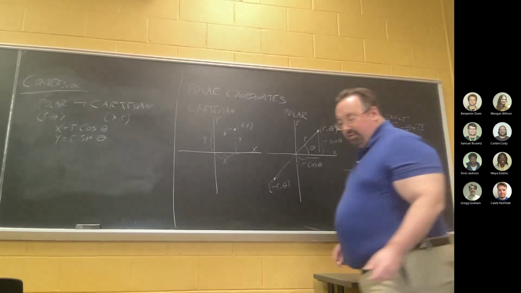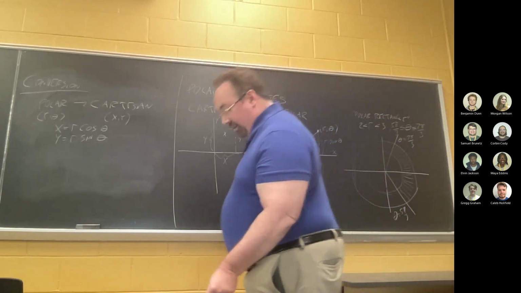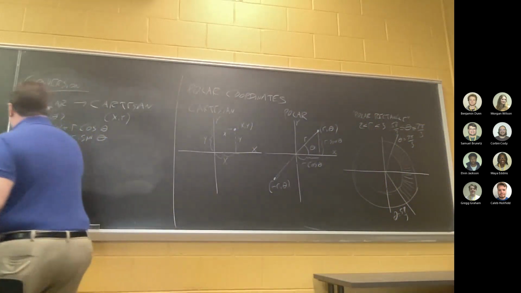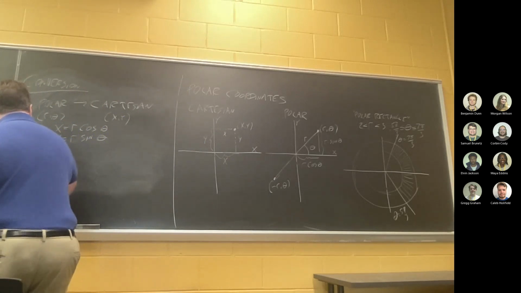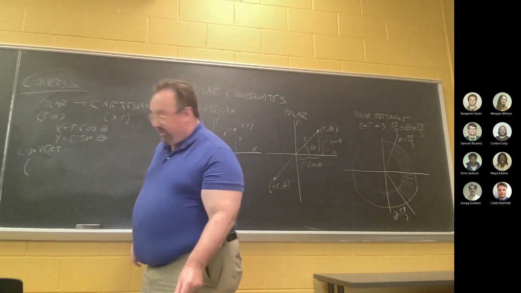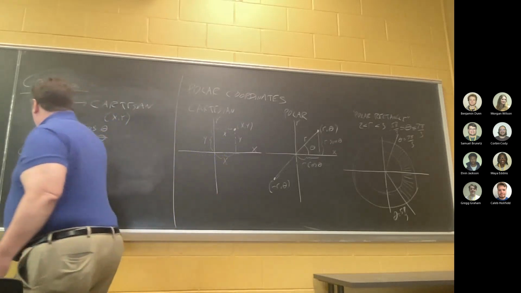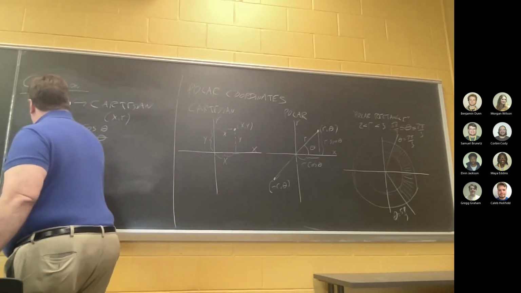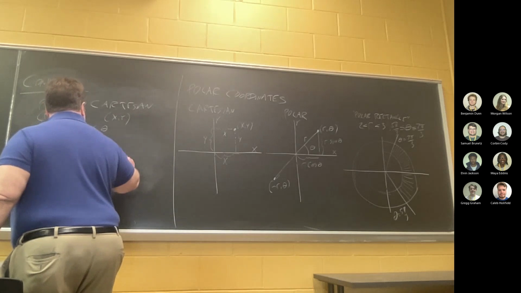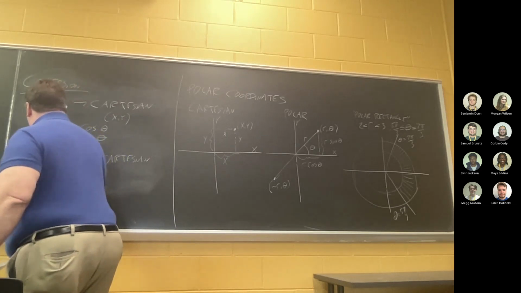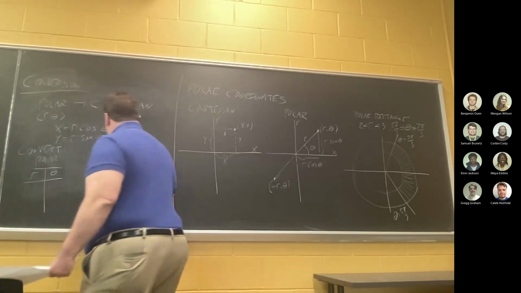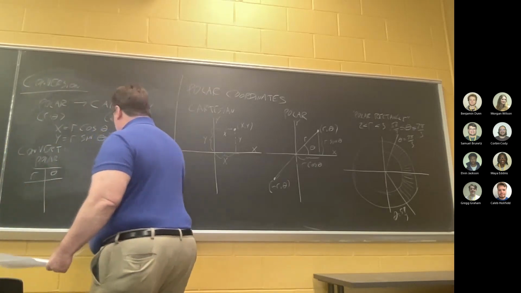So here's an example. I'm going to give three (r, theta) pairs. Here's polar, and over here Cartesian, so we'll have x, y.